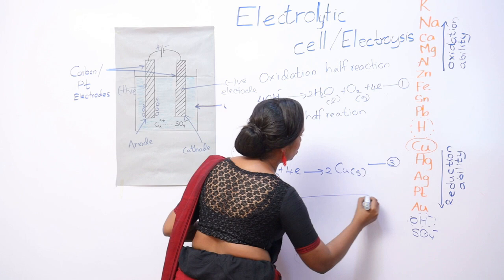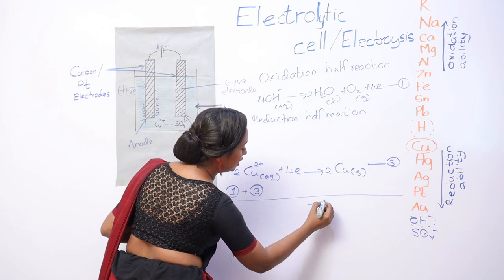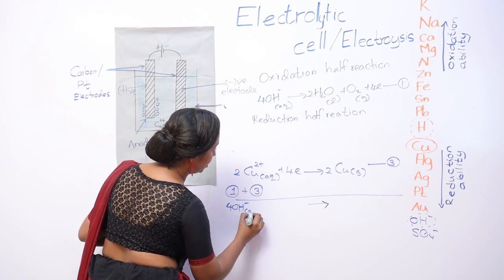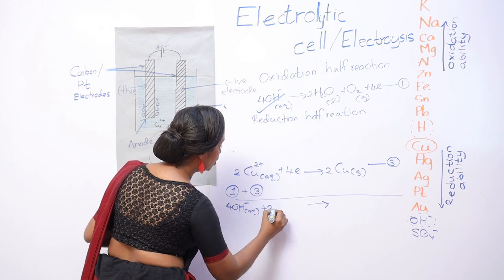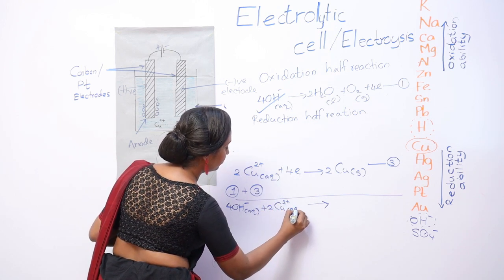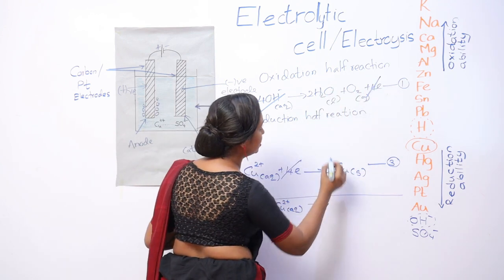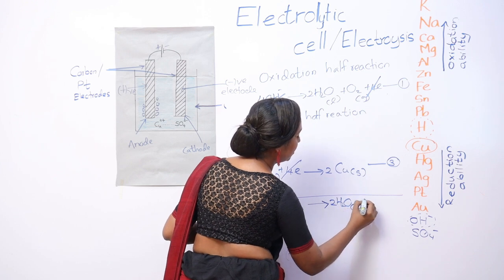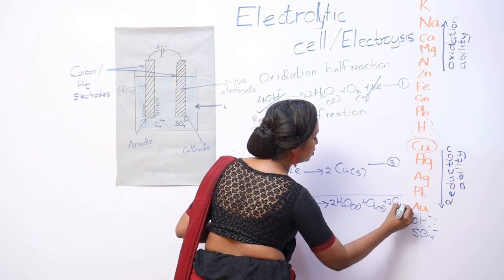So this is the total cell reaction. Arrow in the middle, 4OH minus Aq plus, this one I wrote, 2Cu2 plus Aq, 4 electrons to 4 electrons I am going to cancel, 2H2O liquid plus O2 gas plus 2Cu solid.